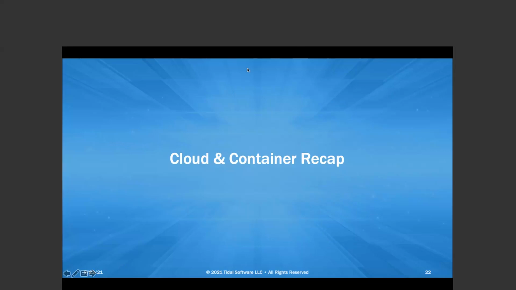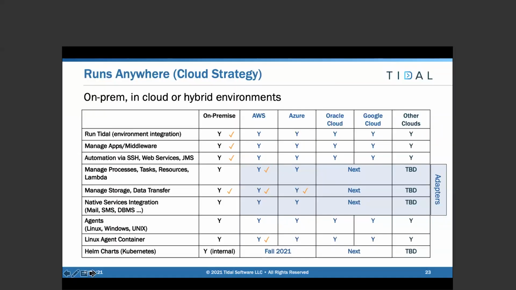All right, thanks, Al. So this has been a many-step journey along the way, and it reflects how easy it is to integrate the different systems in different environments into an overall schedule, whether it's on-premise, in the cloud, or a hybrid environment like this one. We've touched on multiple areas where Tidal works on premise.